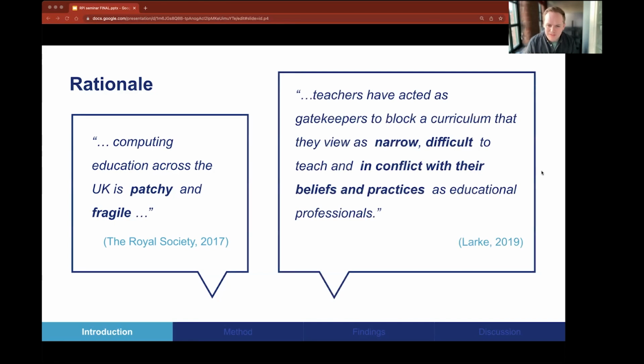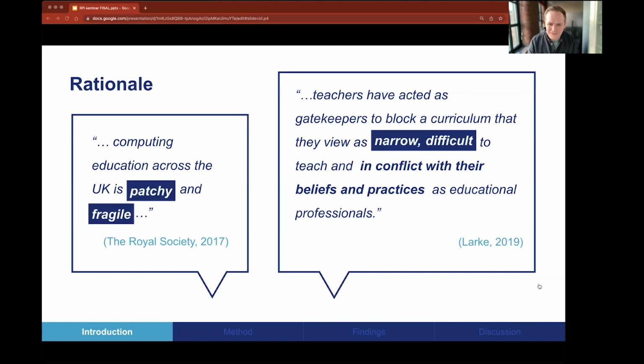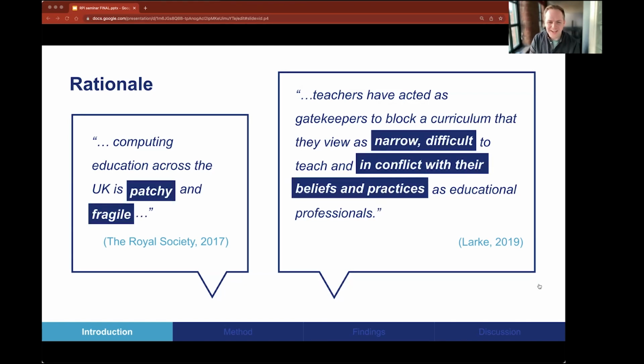Then more recent work by Laura Larke worked with teachers as gatekeepers for this curriculum. She wrote that teachers perceive the computing curriculum as narrow and difficult and in conflict with their beliefs and practices. It paints a slightly bleak picture of computing as a subject, and also in terms of whether it's integrated into schools at all.